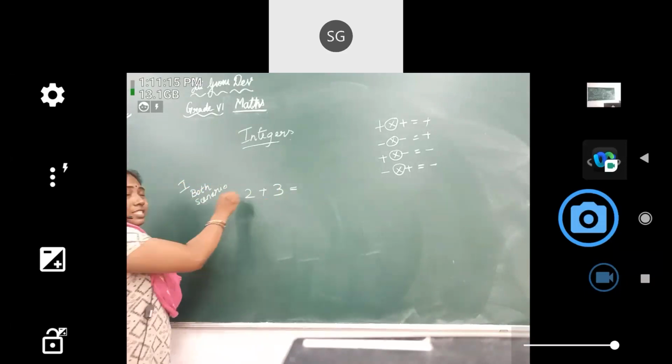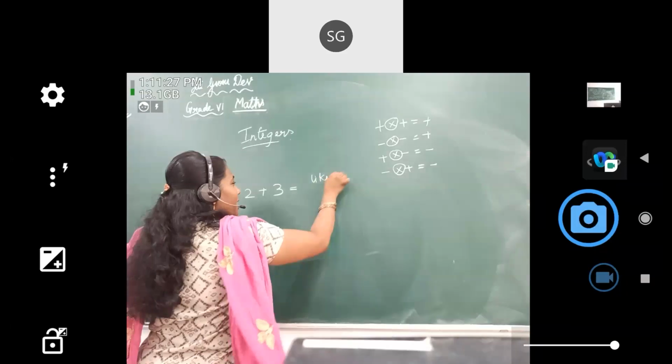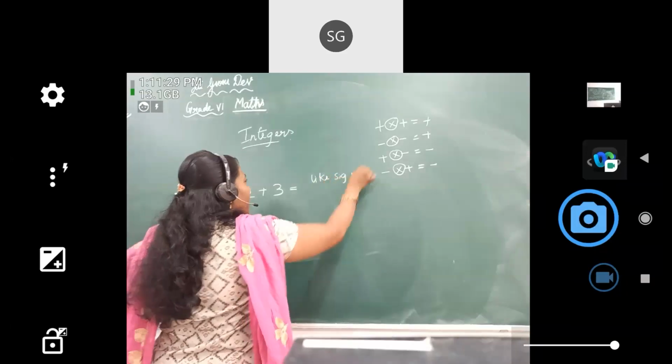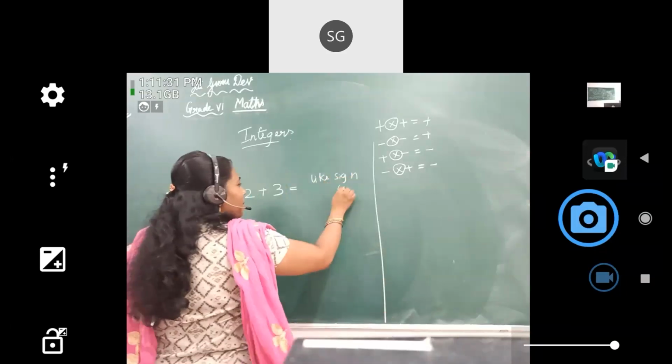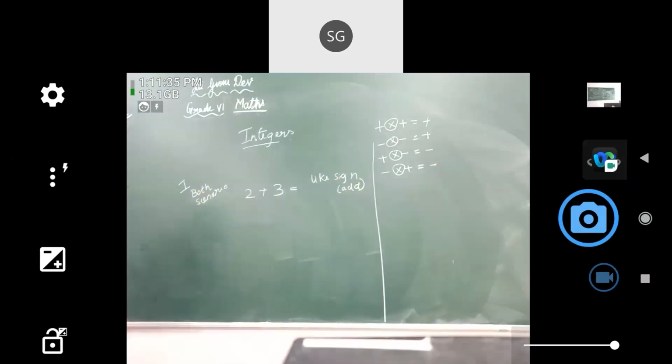Positive, ma'am, because before 2 there is no sign, but still it is positive. Both are positive. So when both the numbers are like sign, whatever I am telling now is for addition. Like sign means you will add.